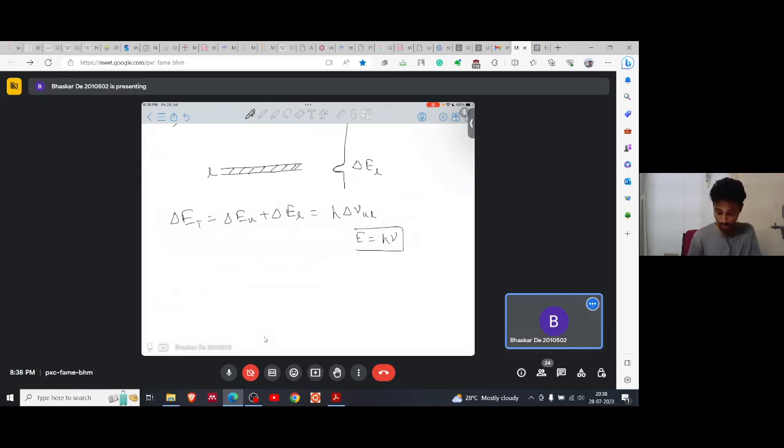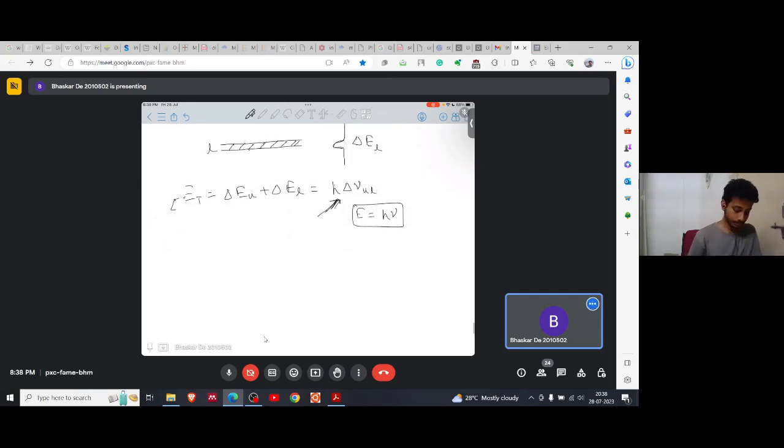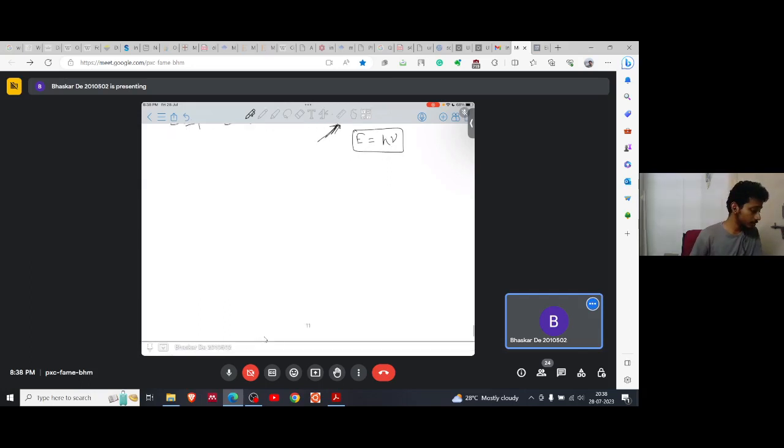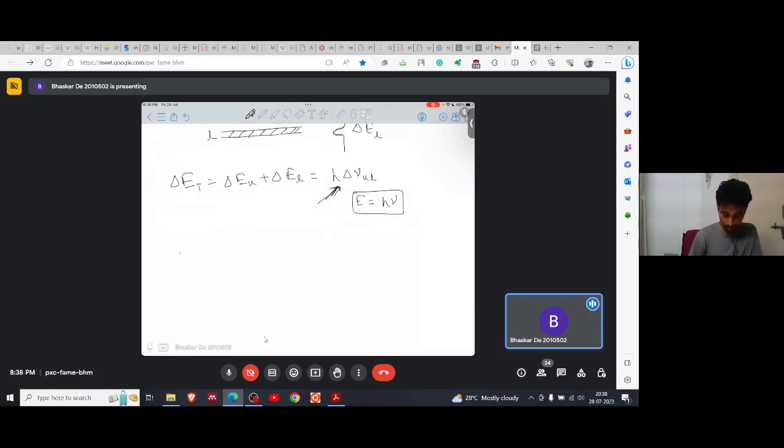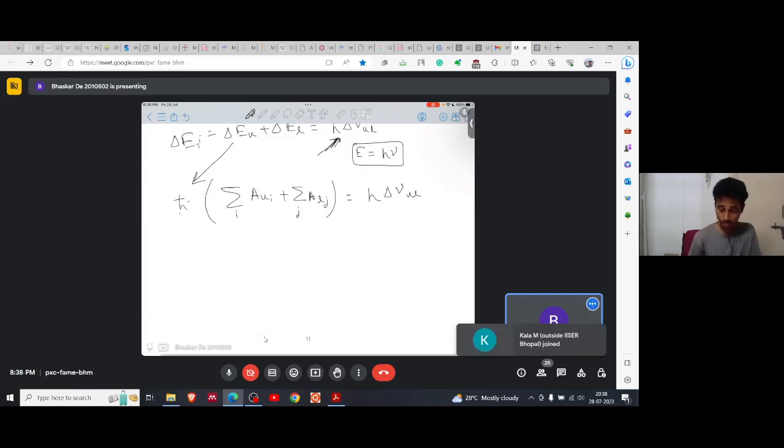So again this one can be written as h bar times summation A_Ui plus summation A_Lj equal to h delta nu UL.